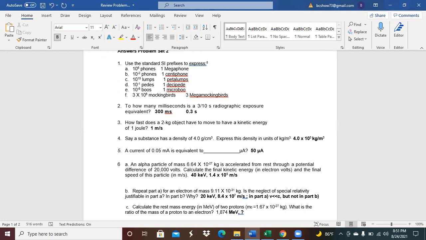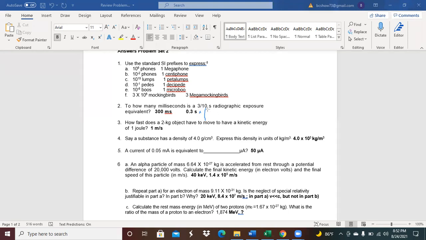But if we want to change that to milliseconds, then we're going to have to do something here, because we can't keep that same unit. We've got to change it. Now the question is, what do we change it to? So what I'm going to do is multiply it by a conversion factor. We want to get rid of the unit of seconds.